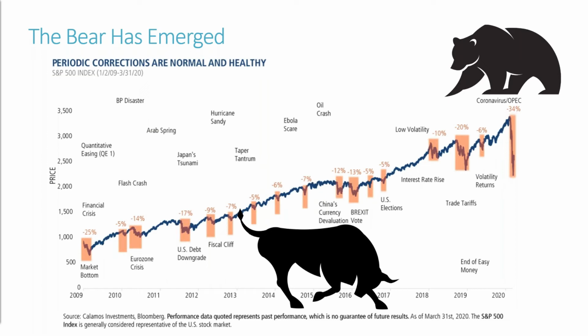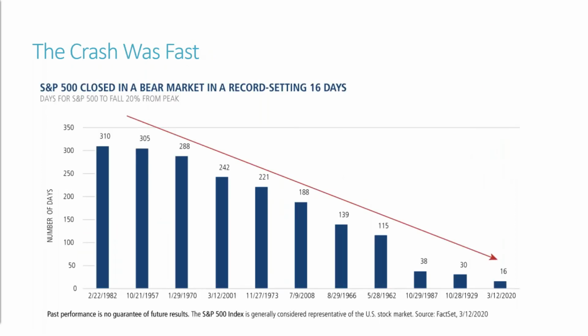You can see it just falls off a cliff. We did drop below the lows that we saw in 2018, when we had that sell-off at the end of 2018. You can see that in the chart there. So fast, very, very fast.